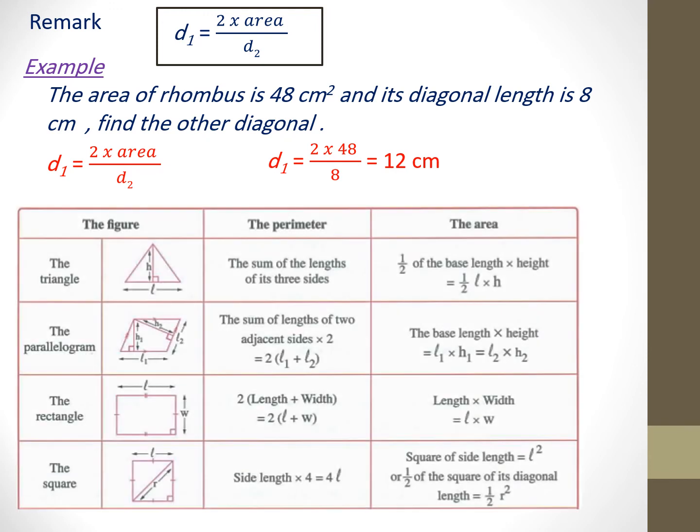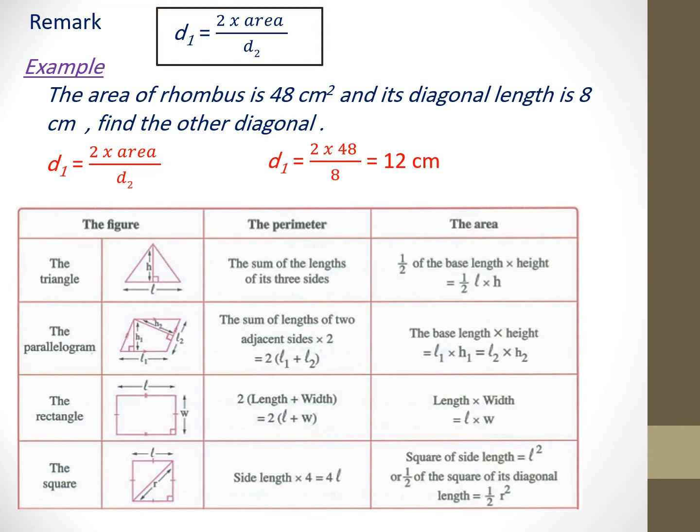Now we have a revision for the area of some shapes like the triangle, the parallelogram, the rectangle, and the square. The perimeter of a triangle is the sum of the lengths of its 3 sides. The area of a triangle is half times base times height.